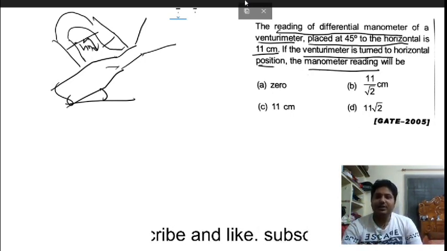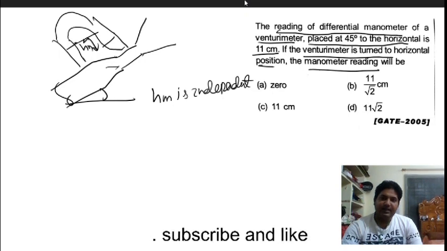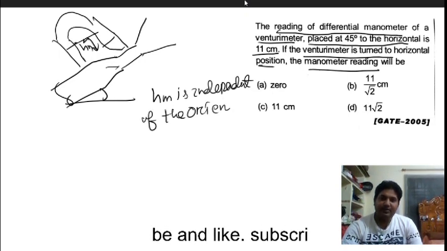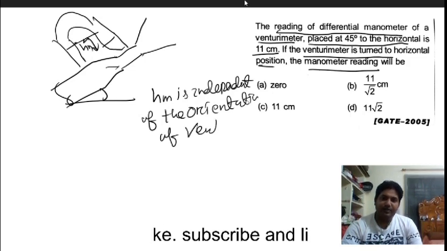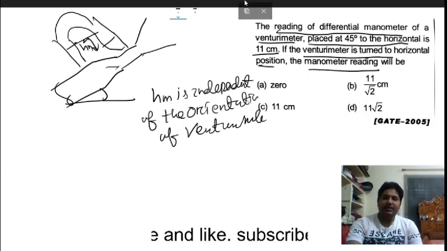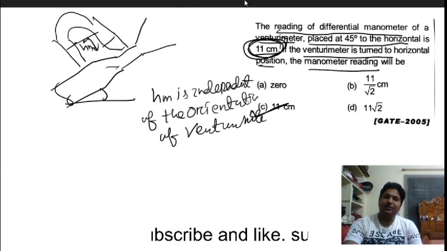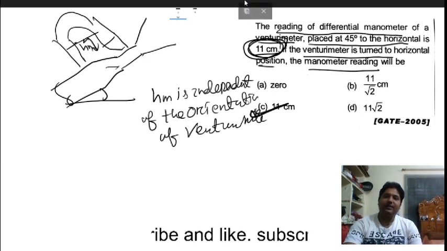So this hm is independent of the orientation of the venturimeter. If you rotate the venturimeter at any angle, the deflection will remain constant. It will not change, so it will remain 11 centimeter.